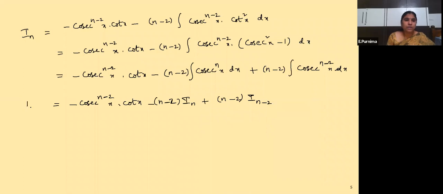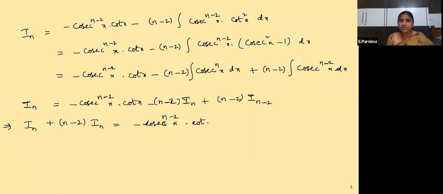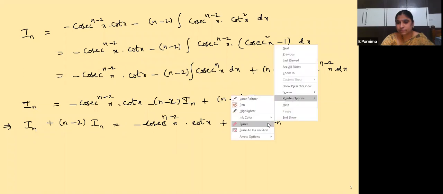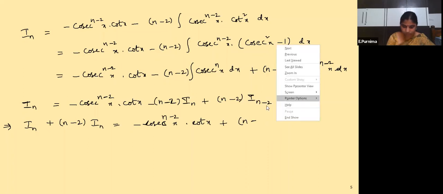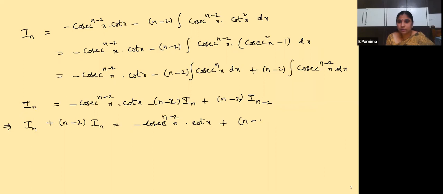Now, on the left side we have I n. Now, this I n term can be sent to the other side. So it becomes I n plus n minus 2 into I n is equal to minus cosecant to the power of n minus 2 x into cot x plus n minus 2 into I n minus 2.